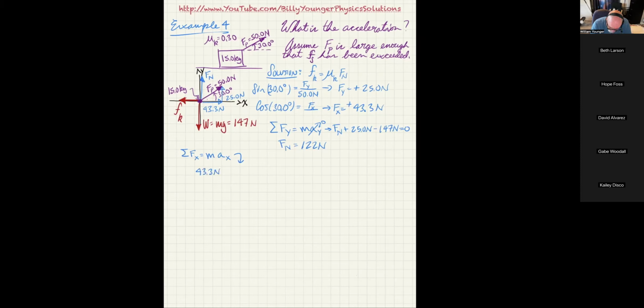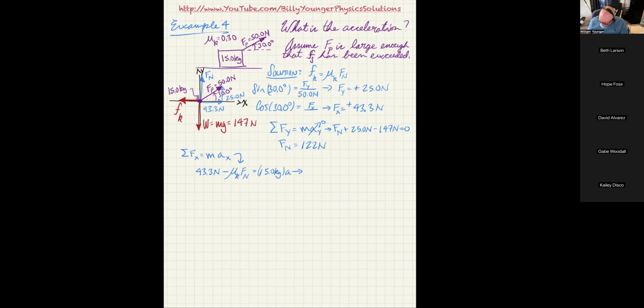And then we would normally add another force. In this case, we've got the friction force, and it acts in the negative direction. So rather than writing plus and then a negative symbol, I'm just going to write minus. And that's going to be mu kinetic times the normal force, and that all equals 15.0 kilograms times A.